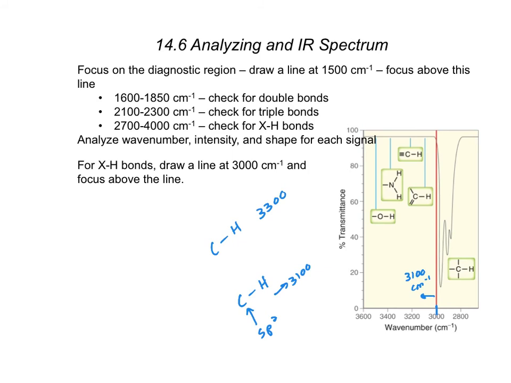What was 3300 due to? What type of carbon was that hydrogen attached to? This was sp. So if it's sp, what has to be on the other side of that carbon? A triple bond, right? So you would know, oh, look, if we're getting a signal at 3300, that's a hydrogen attached to a carbon, but that has to mean that there's a triple bond, right? What about this sp2 carbon? What has to be on the other side of this guy?